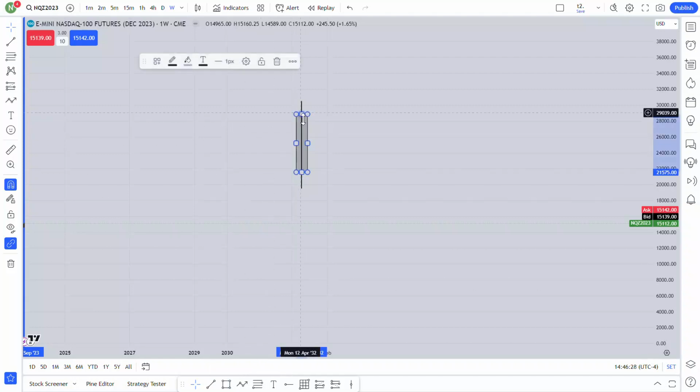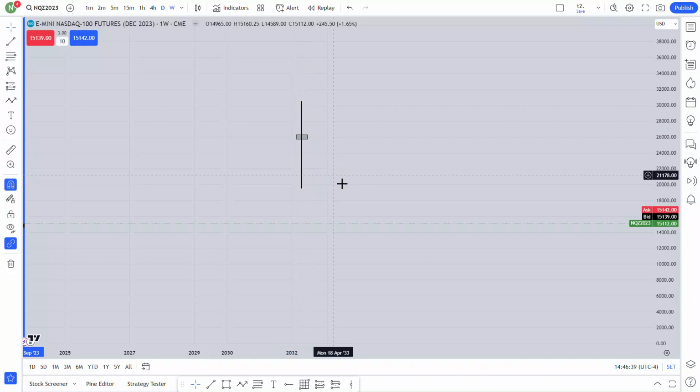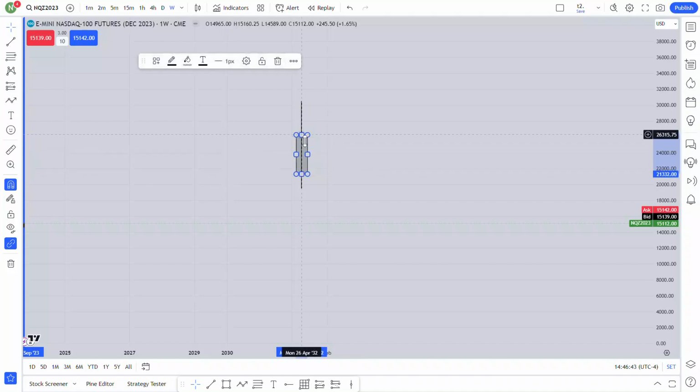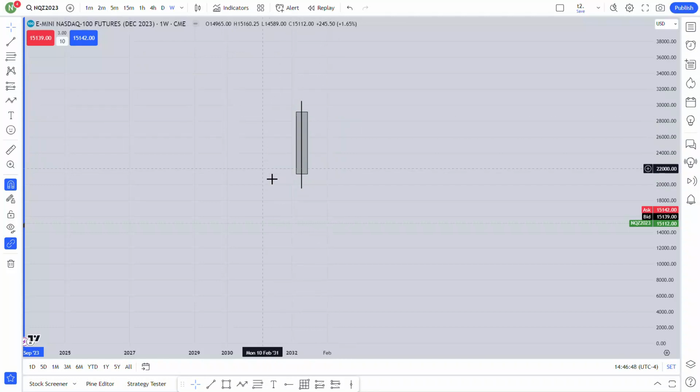Sometimes you will see this kind of candle: very small body and very large wick, or maybe an indecision candle, something like this. Every week you won't see this kind of perfect candle, but you have to start your journey with the perfect one.